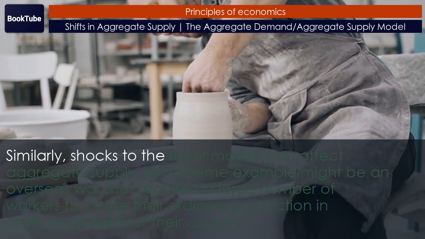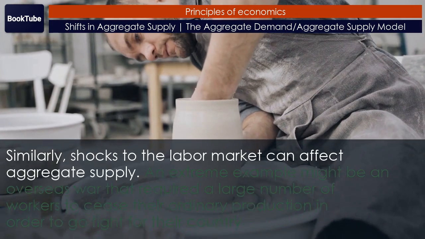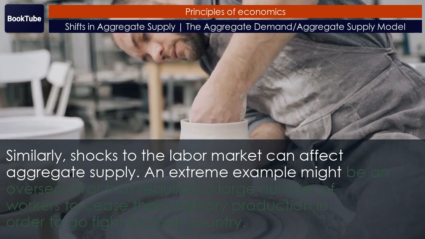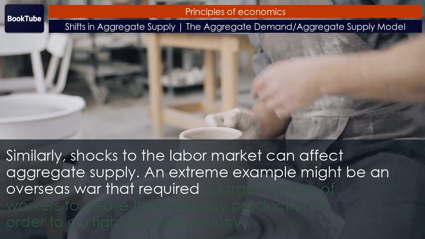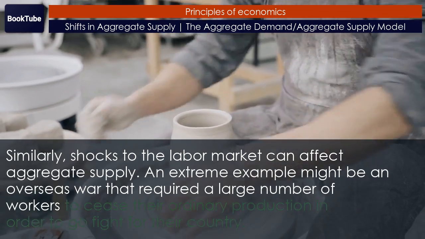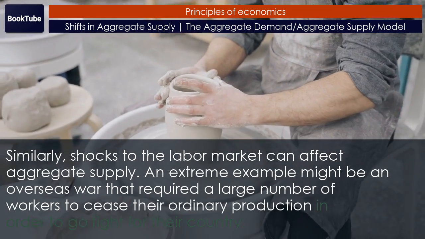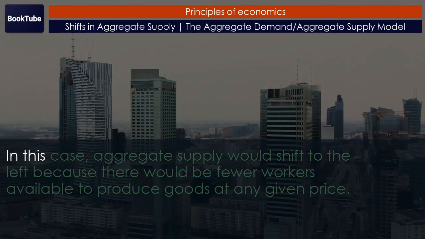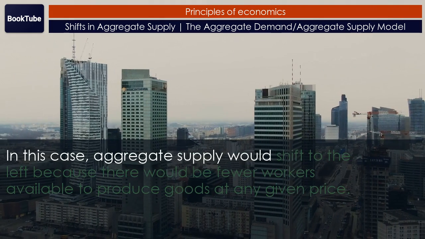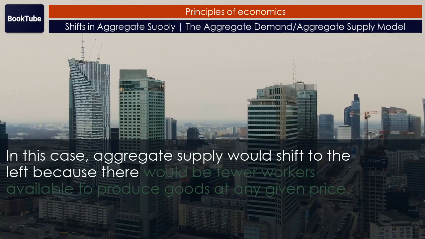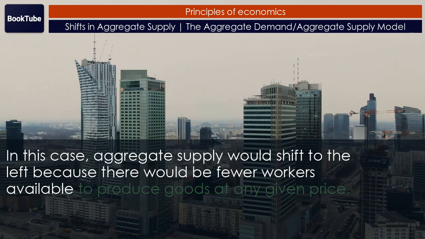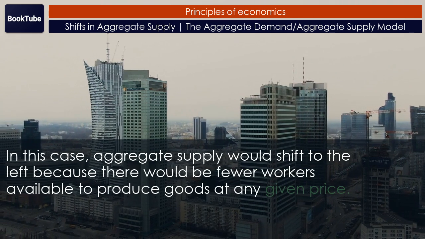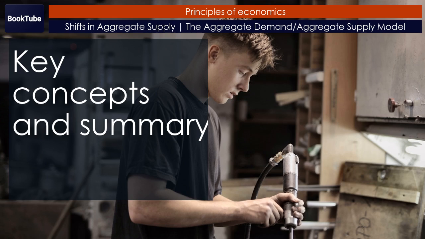Similarly, shocks to the labor market can affect aggregate supply. An extreme example might be an overseas war that required a large number of workers to cease their ordinary production in order to go fight for their country. In this case, aggregate supply would shift to the left because there would be fewer workers available to produce goods at any given price.